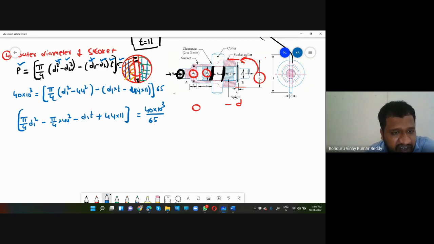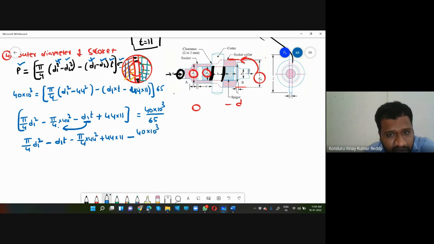Let me rewrite this equation: pi by 4 d1 square minus d1 into t, where I am writing d1 into t here. Now this component, minus pi by 4 into 44 square plus 44 into 11 minus 40 into 10 to the power of 3 by 65, is equal to 0.